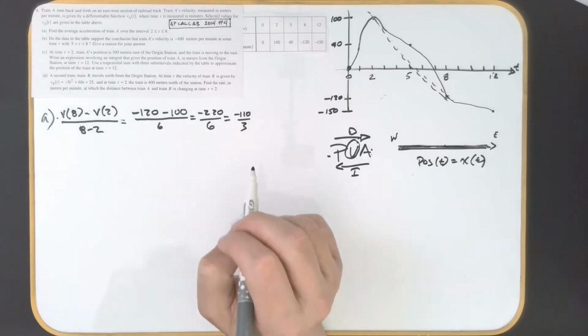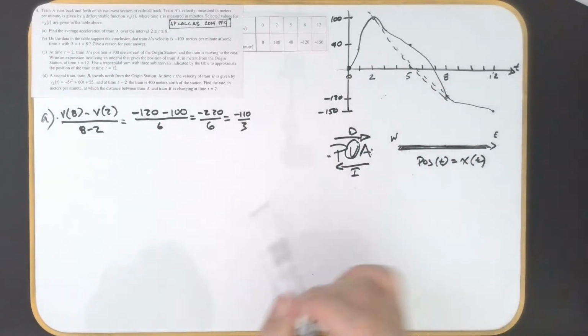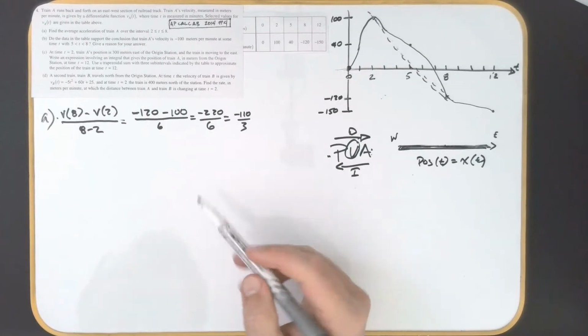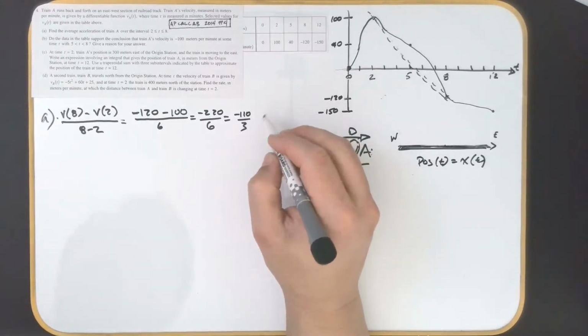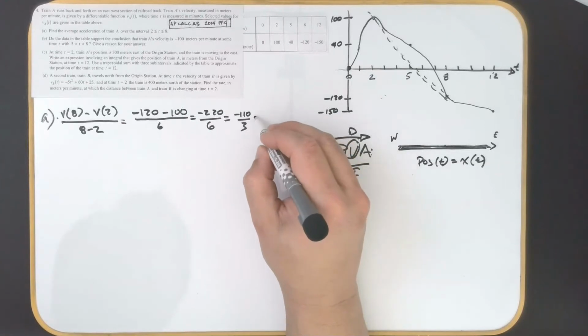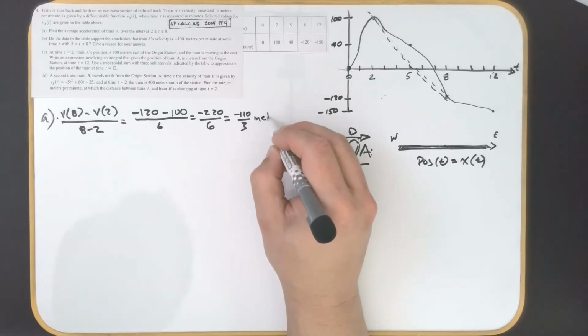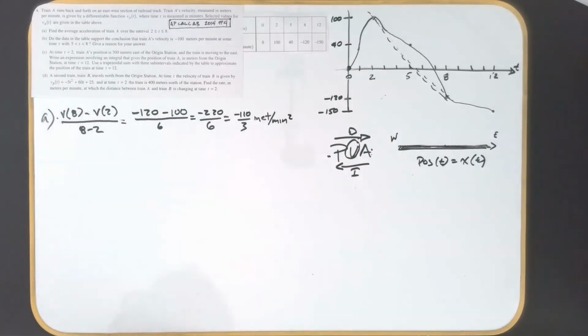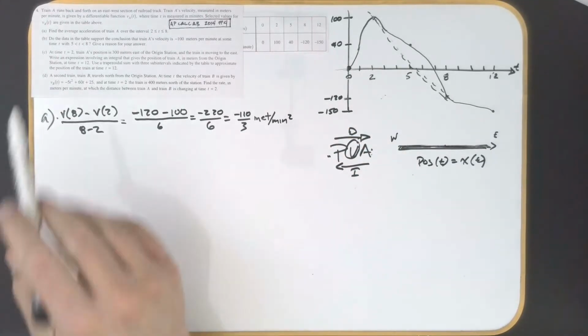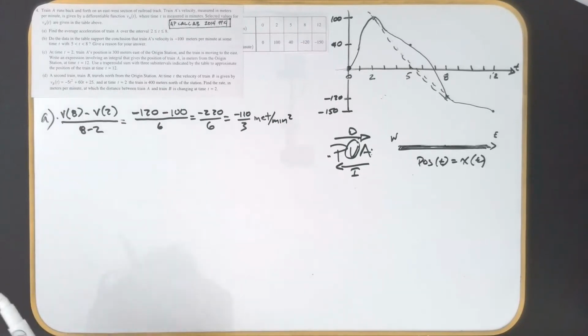Now, this is not a particle question, so labels are important. And if you remember, since we're finding average acceleration, we're going to have to square our time units. And so this is in meters, so we can say meters per minute squared. Make sure you get that label right. Okay? So average acceleration still uses the velocity function. Make sure you catch that.